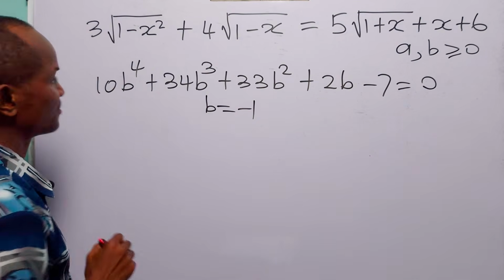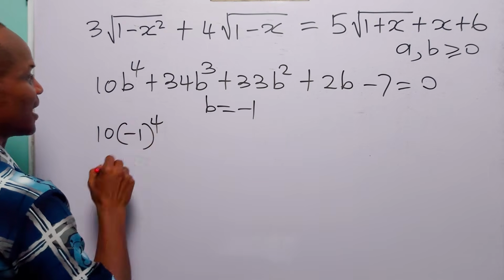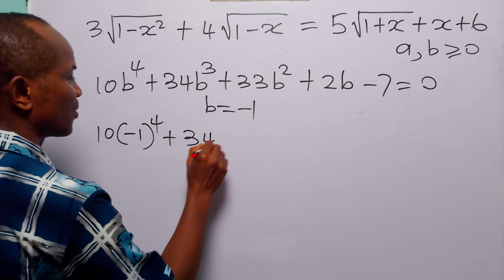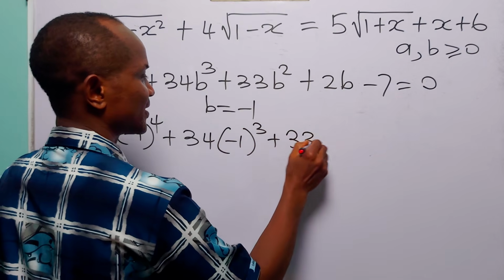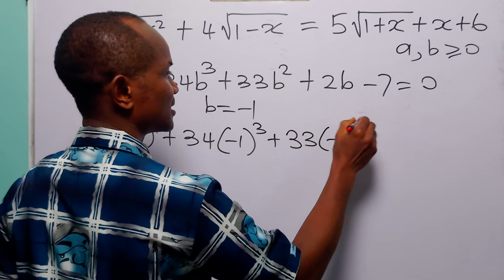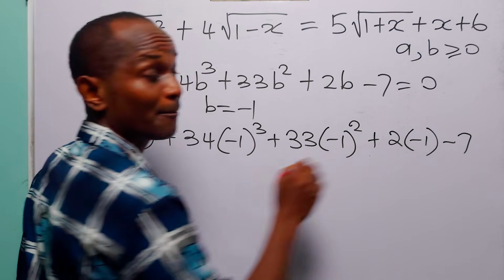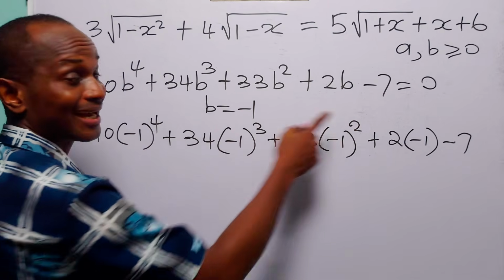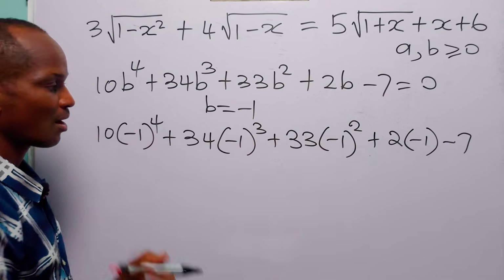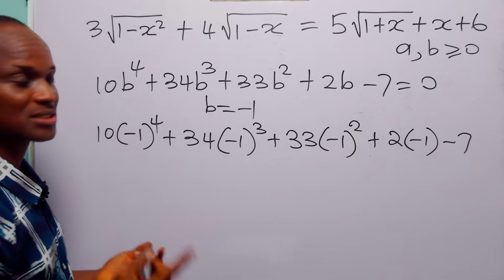0. Let us substitute. Here we have 10 times minus 1 to the power 4 plus 34 times minus 1 cubed plus 33 times minus 1 squared plus 2 times minus 1 minus 7. Of course, you know that minus 1 raised to an even power is 1, while minus 1 raised to an odd power is minus 1.